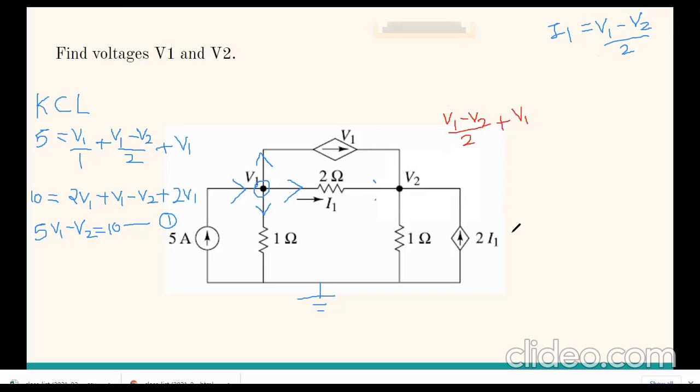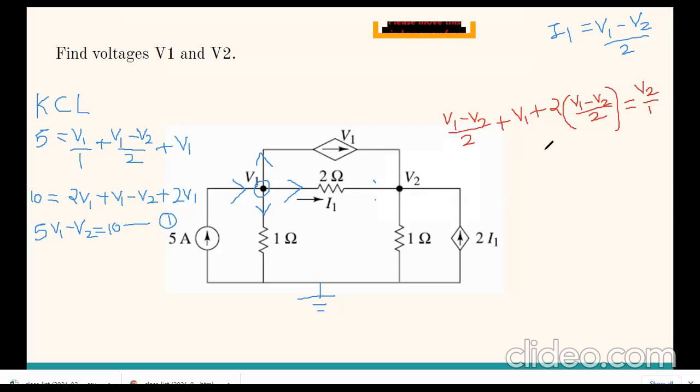The third incoming current is 2I1. So we will write plus 2I1, but I1 we will write in terms of V1 and V2. So 2 times the bracket (V1 minus V2) upon 2. All the 3 incoming currents are written, and this is equal to the outgoing current. The outgoing current is the current flowing through this 1 ohm resistor, which is given by (V2 minus 0) upon 1, which we can consider as V2 upon 1.